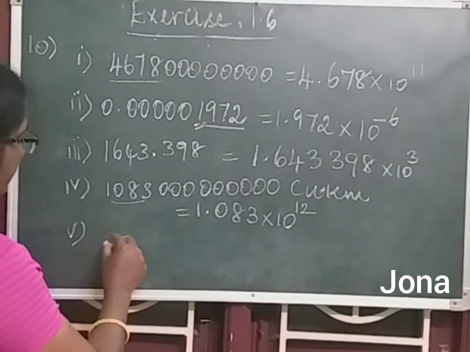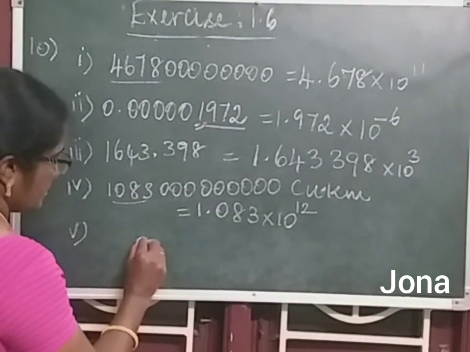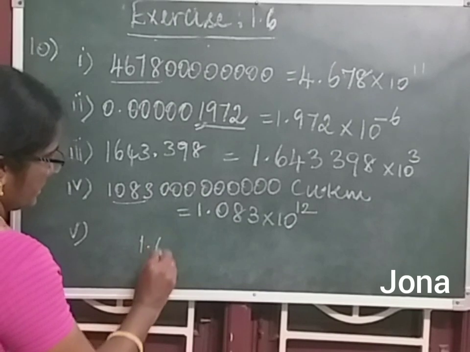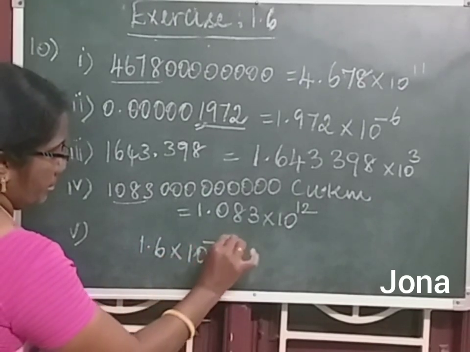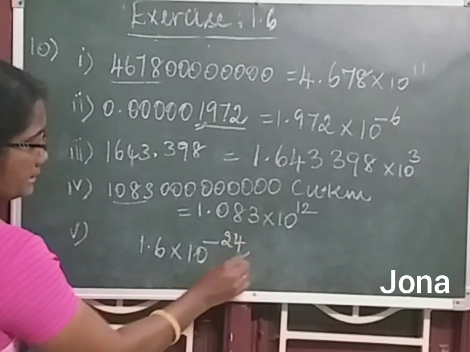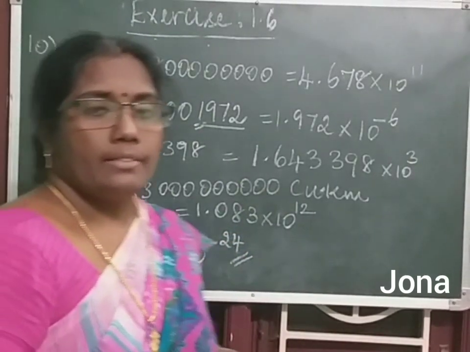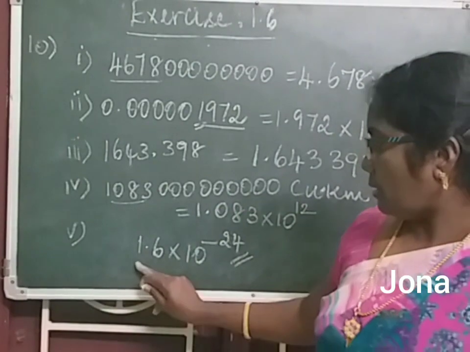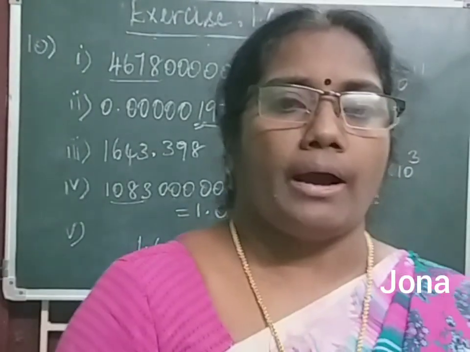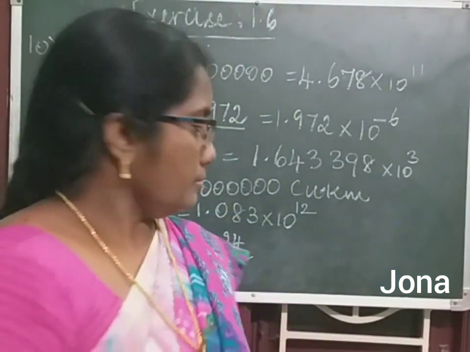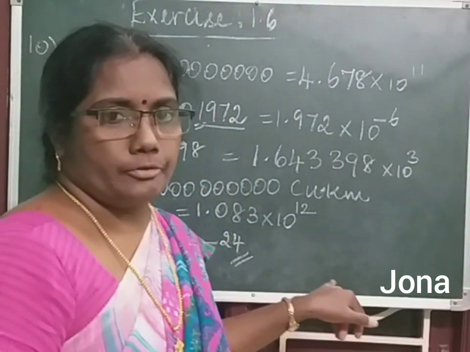So I can write the answer as 1.6 into 10 power minus 24, because in that 24th place only the number 1 starts there. So I want to write the answer as 1.6 into 10 power minus 24. Okay.